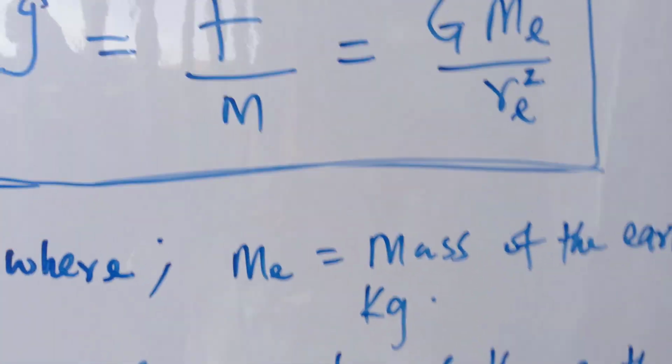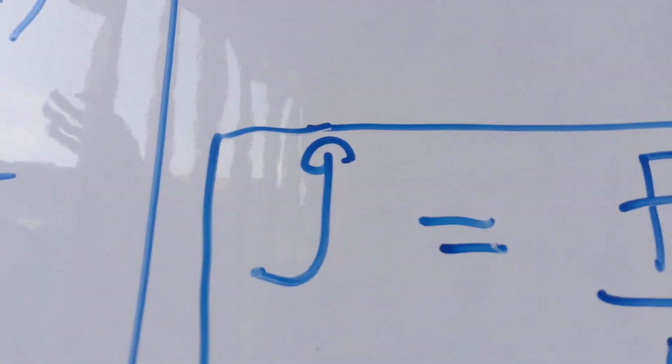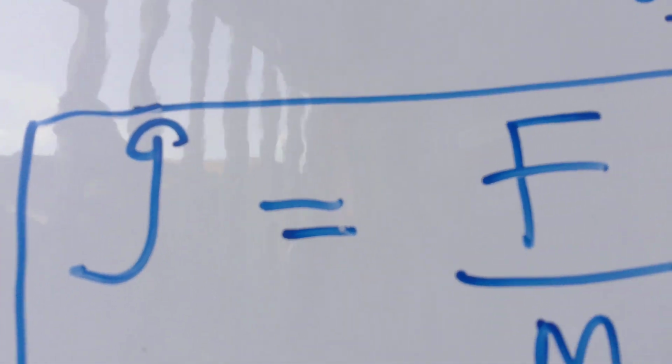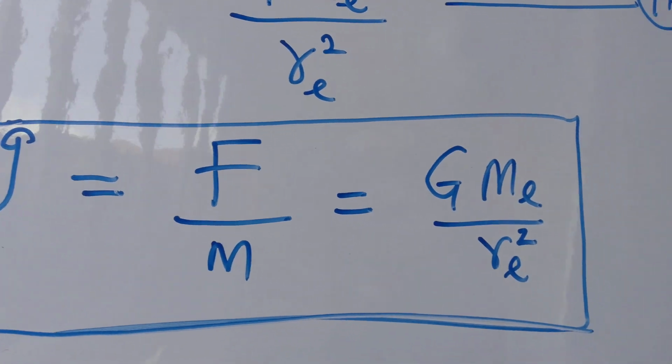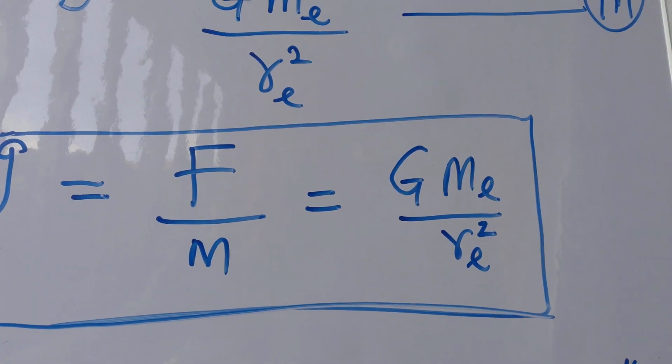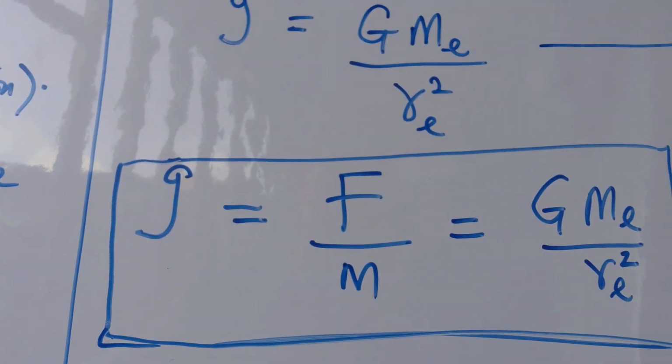So take note of that. The formula for acceleration due to gravity or the gravitational field intensity is F over m equal to capital G ME over RE squared.